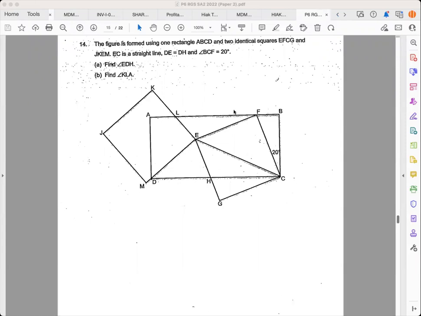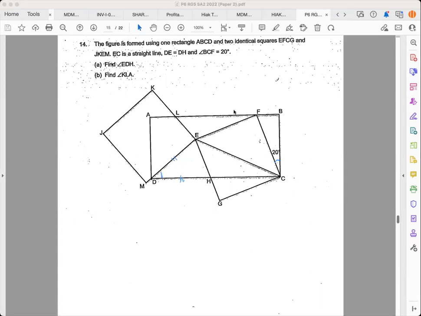So you notice this forms an isosceles triangle DEH. And angle BCF is 20. Find angle EDH. So they are looking for this angle, which is the tip of the isosceles triangle.